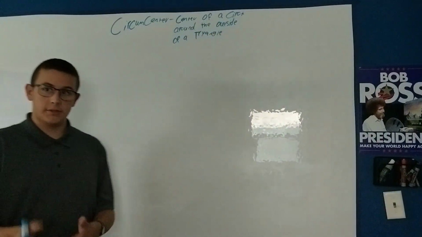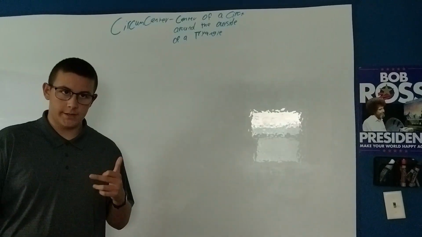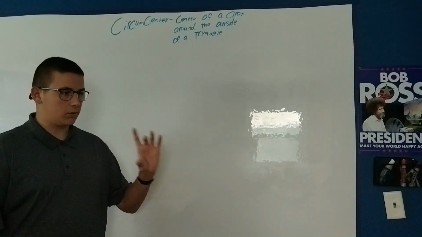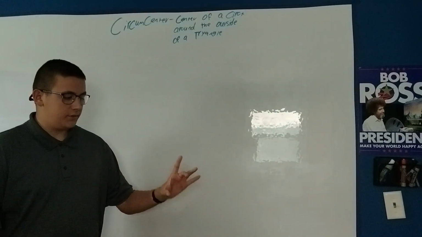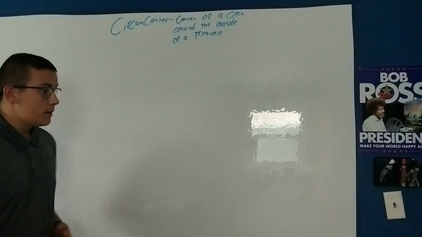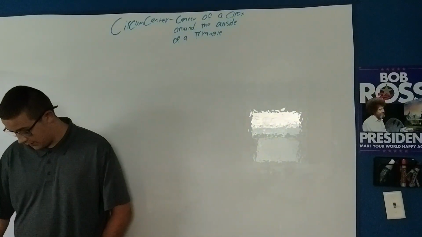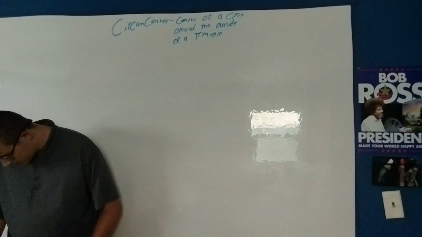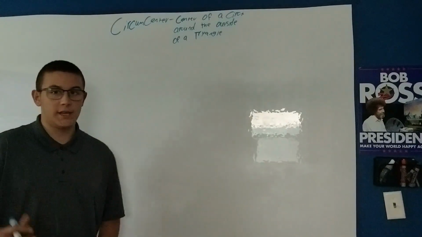So it's just the opposite of the incenter. The incenter was a circle inside the triangle. Now this is a circle outside the triangle. And to find the circumcenter, you use perpendicular bisectors.